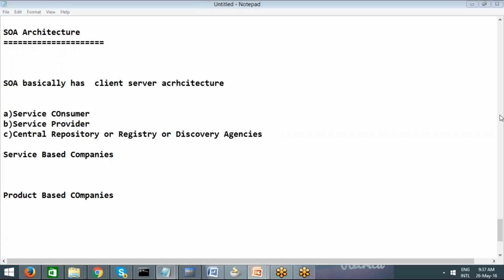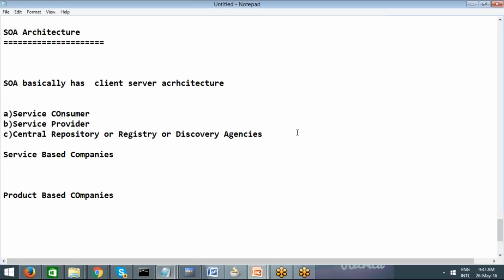I might publish the details: whether it is a secured or unsecured service, what protocol is associated with the service, what the request and response formats are. Those all are enclosed within the WSDL file which is published into the central repository.